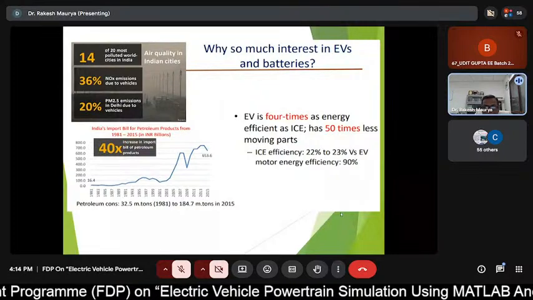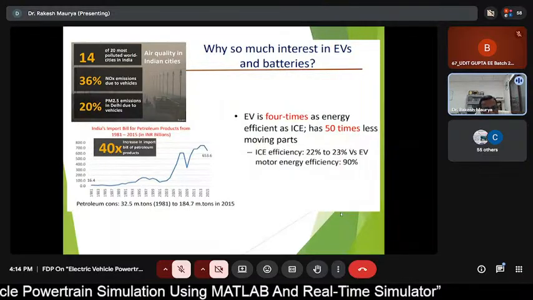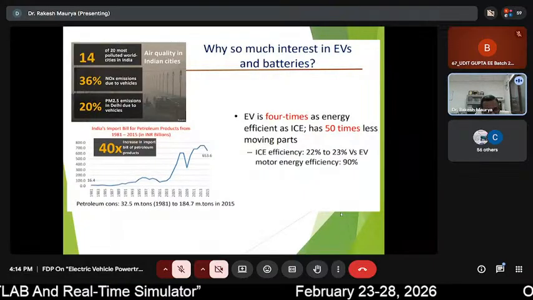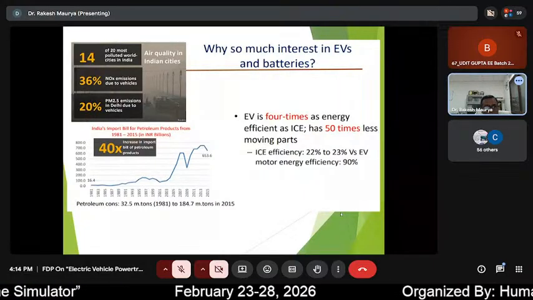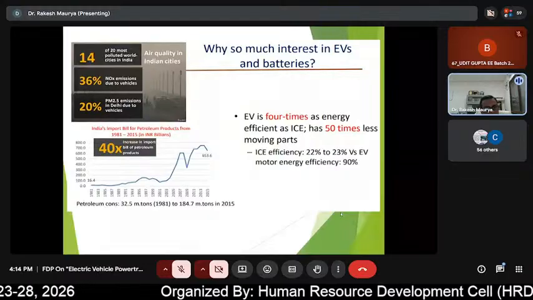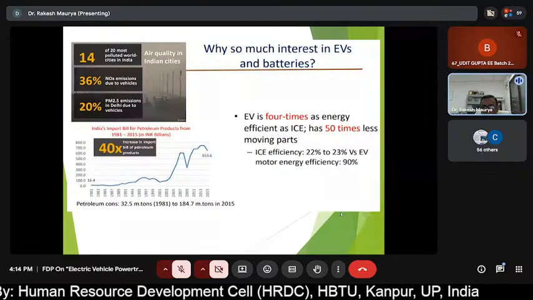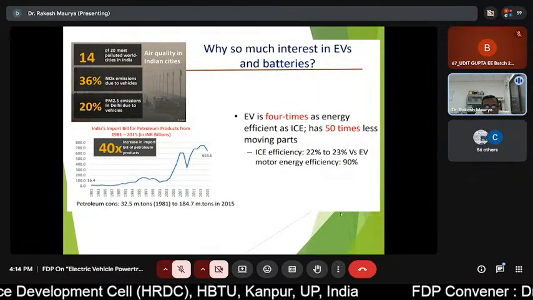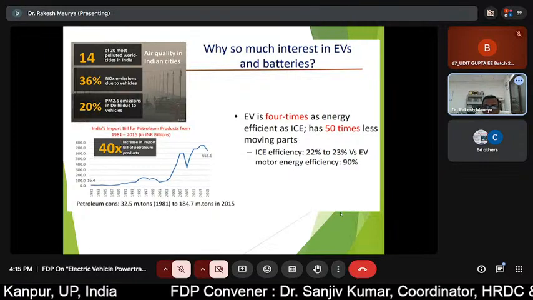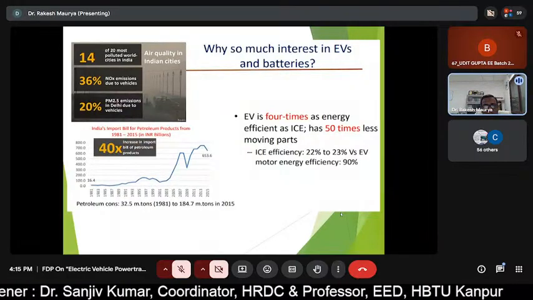Now, here the pollution, as I said, of course in the urban area where a large number of EVs, three-wheelers or two-wheelers are being used, the pollution will of course be improved. Means air quality will be improved by the use of EVs. But in total, if you talk about pollution, if you are charging from conventional sources of energy, like our thermal power plants and other sources, this is not the appropriate way.